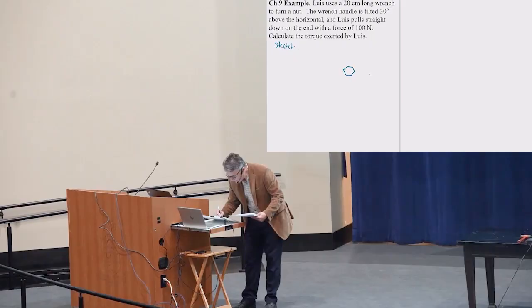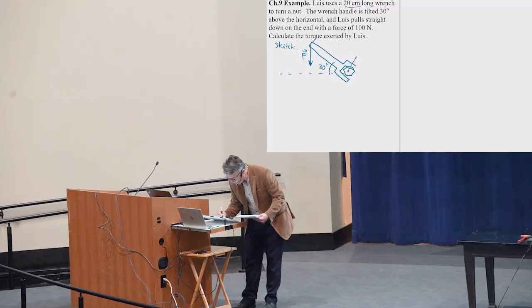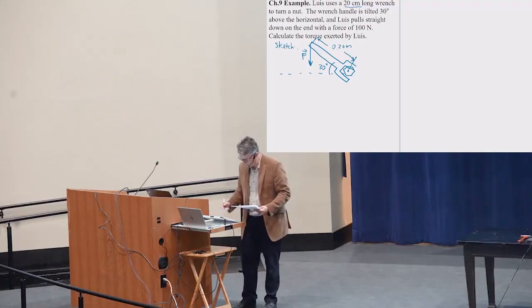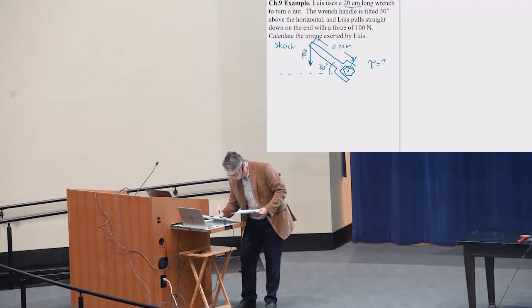The wrench handle is tilted at 30 degrees above the horizontal. So I'm going to draw a wrench, and Lewis pulls straight down on the end, so the force that he applies is here. Calculate the torque. It also says 20 centimeters long, so from here to here is 0.20 meters. So that's my diagram, and the question is, what is the torque?